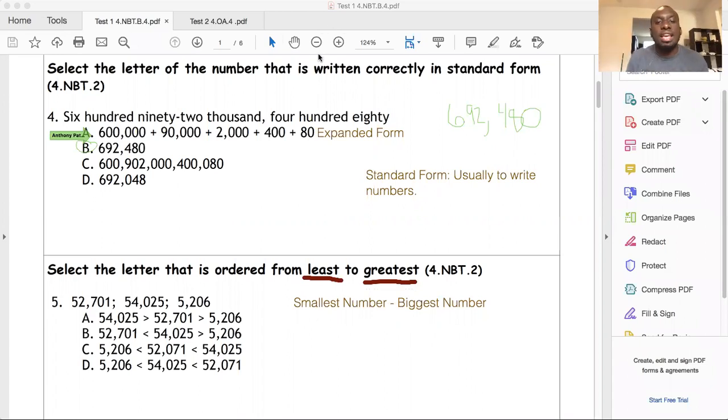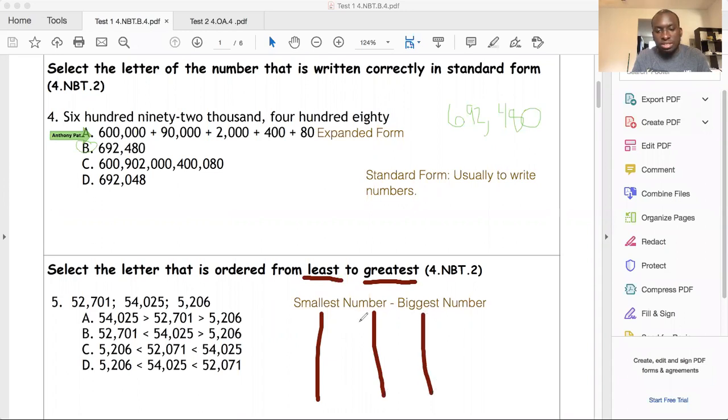When I do that, I want to first make a place value chart. I'm going to put my lines in here, and I am going to label this.